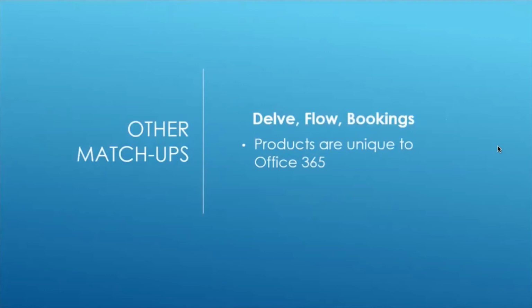Delve is a piece of software where it looks at everything else you're doing within Office 365 and immediately shows you what it thinks you are most interested in. It's going to show you files that you've recently accessed, files that people on your team have recently accessed. Say that you email with a direct team member more than anyone else, it's going to start showing you things that you've worked on with that person as a priority over maybe some other email conversations that you didn't really need to know about, that you didn't interact with.